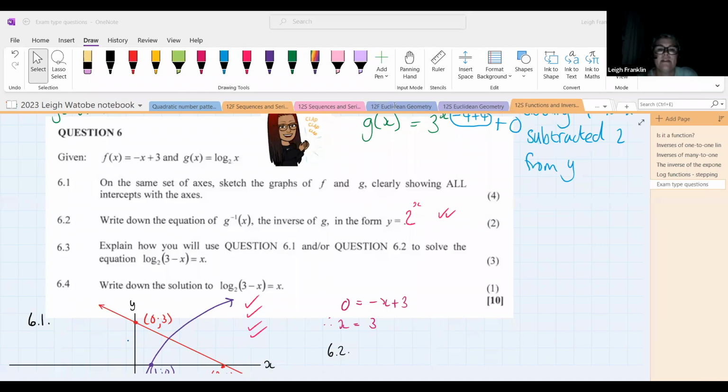But before you actually solve for x, they want you to explain how question 6.1 and 6.2 relate to what we're seeing. How does 2 to the x and f of x and g of x tie into this equation? Anybody got any ideas?